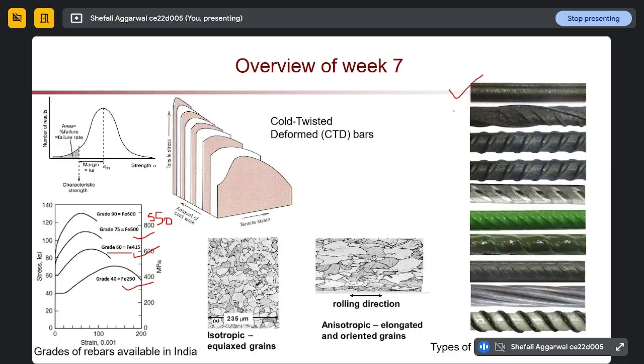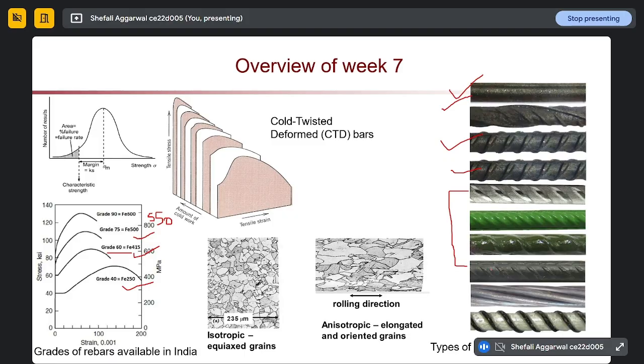Then we have cold formed rebars. Then we have normal TMT rebars. These both are TMT rebars. Then we have coated rebars. These are our coated rebars. This is coated with galvanized, sorry, zinc. This is coated with epoxy. This is another type of epoxy.